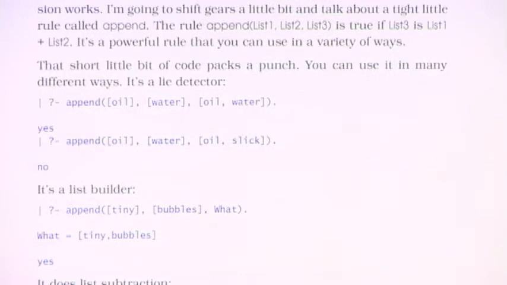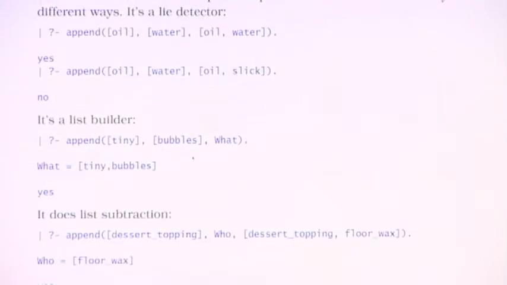Alright, so we've got a couple of useful methods for applying to lists. For example, append will take 2 lists and put them together. You can also ask questions in append, just like you can ask questions in any other rule. So in this case, if you append tiny to bubbles, what do you get?